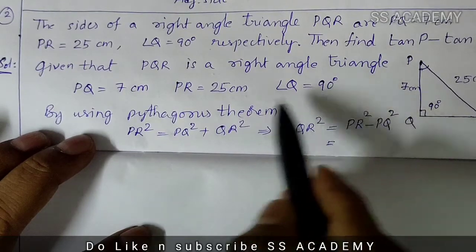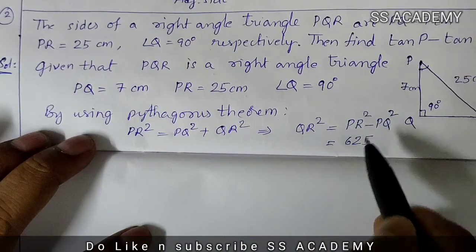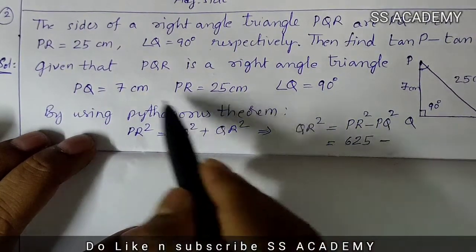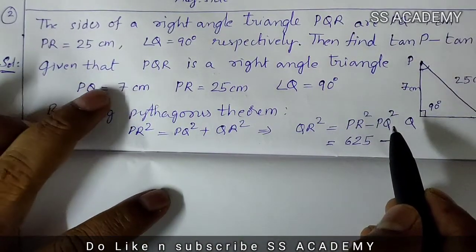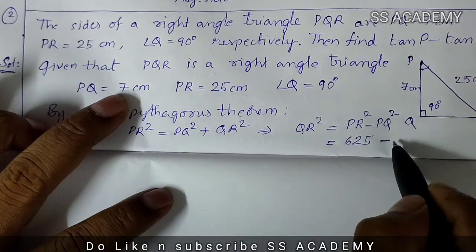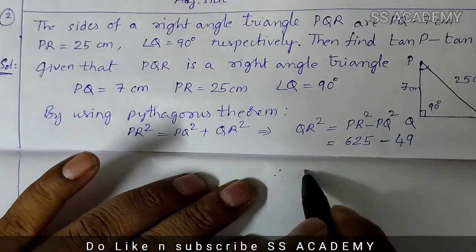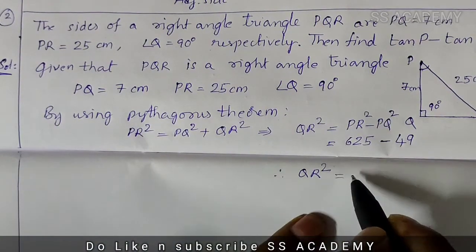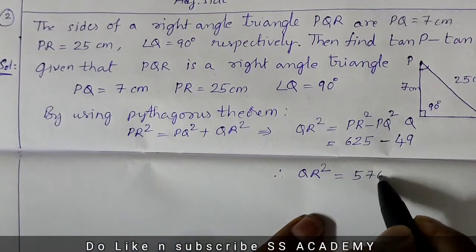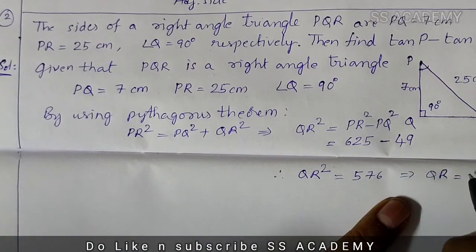So the value of PR is 25 and PR square will become 625 minus the value of PQ is 7, so PQ square, 7 square, which is 49. So therefore QR square equals 576, which implies QR is equal to 24 centimeters.